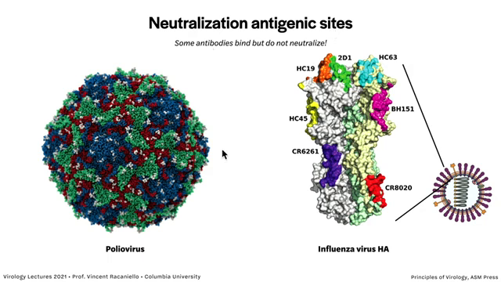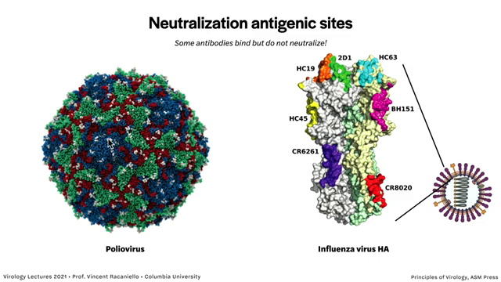On two different viruses are illustrations of where antibodies bind. First, on the left, poliovirus, that's the structure of polio. You can see the 5-fold and the 3-fold and the 2-fold axes of symmetry. So here's one 5-fold. And in white are the neutralization antigenic sites.